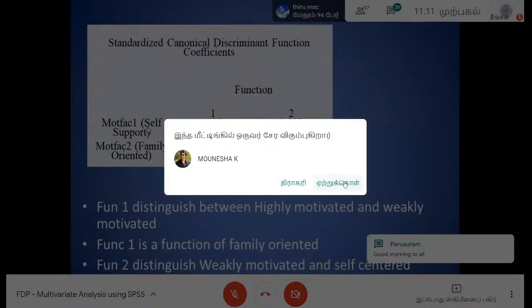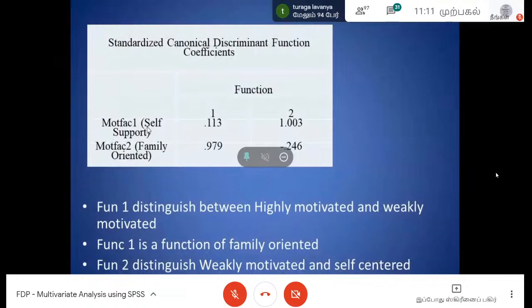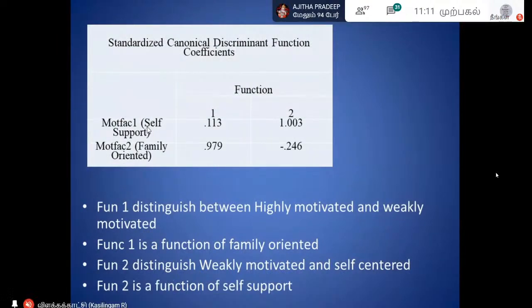This is what we want in a discriminant analysis: which variable discriminates between the groups. Now I am telling you, family-oriented distinguishes between highly motivated and weakly motivated.